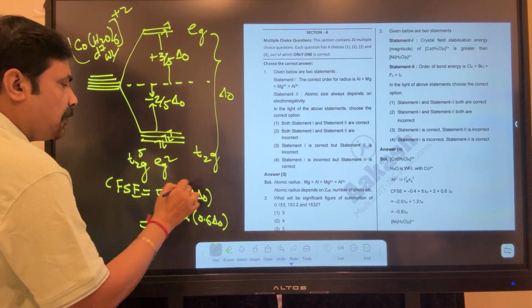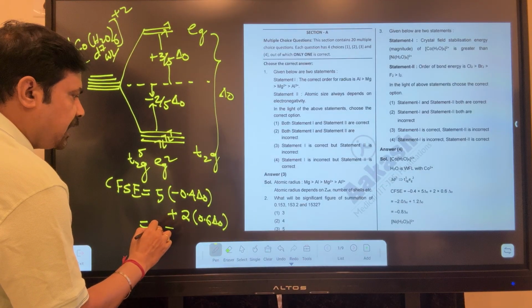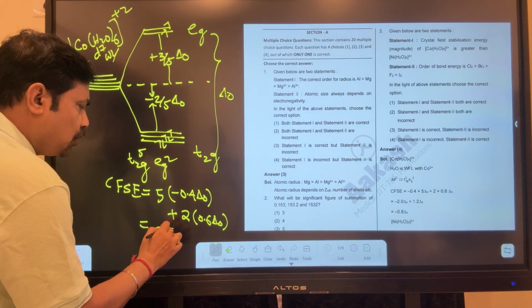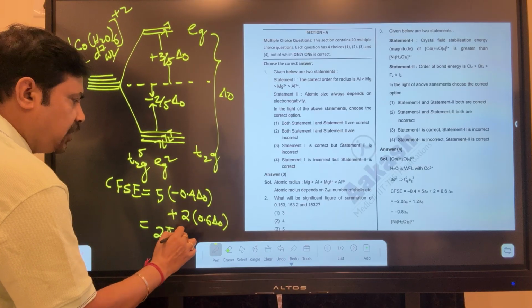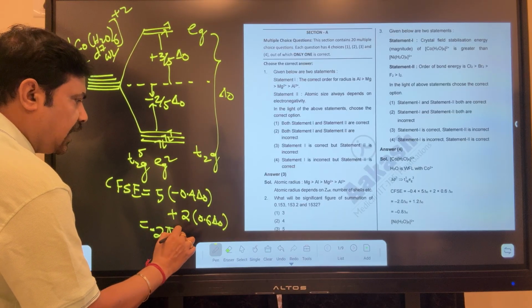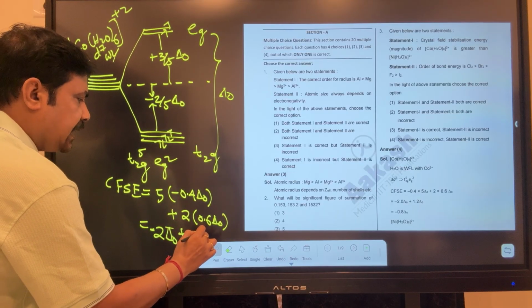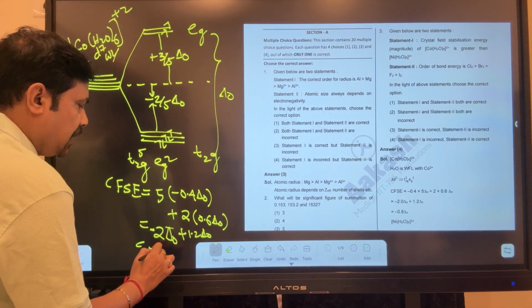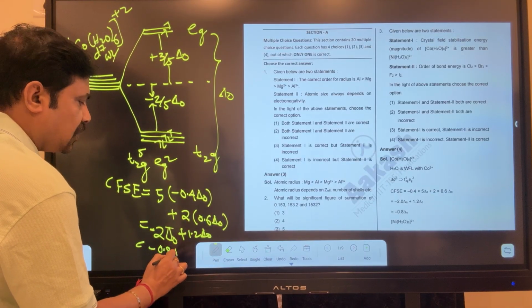Calculating, 0.4 times 5 is 2 delta naught, so minus 2 delta naught, and 2 times 0.6 is plus 1.2 delta naught. Overall it comes to -0.8 delta naught.